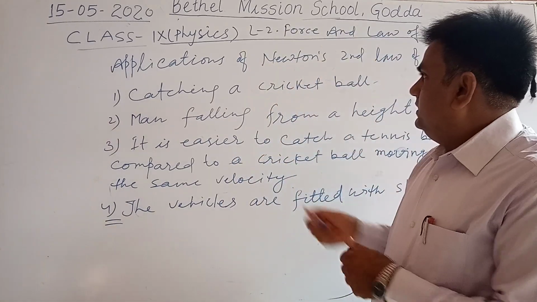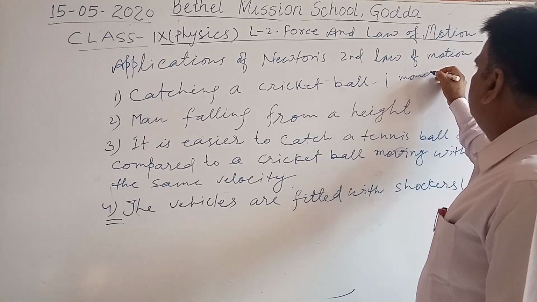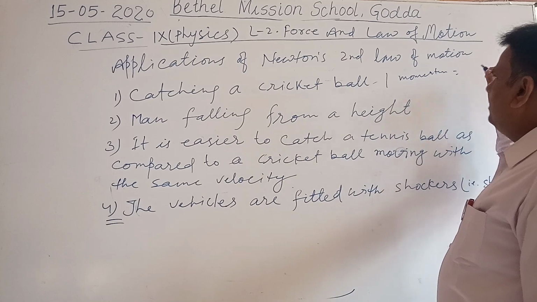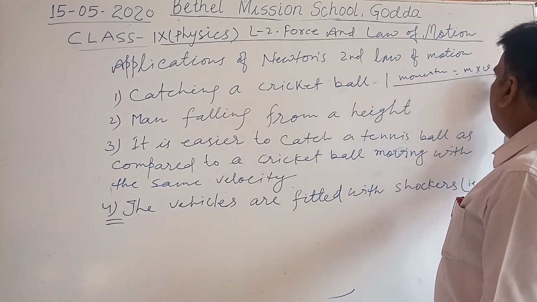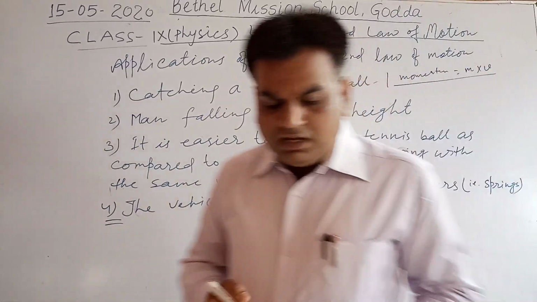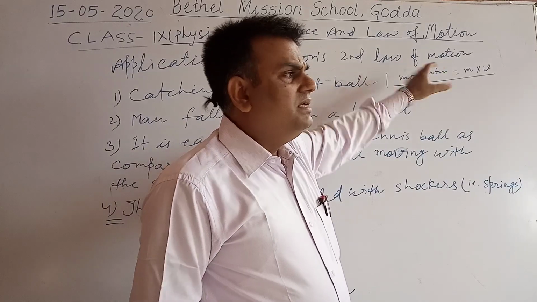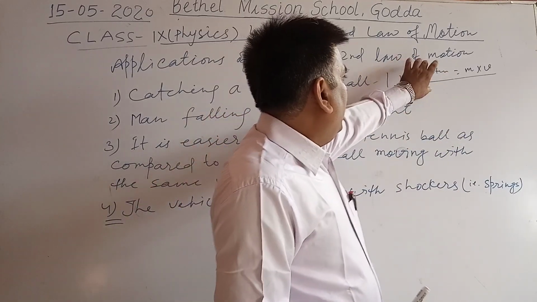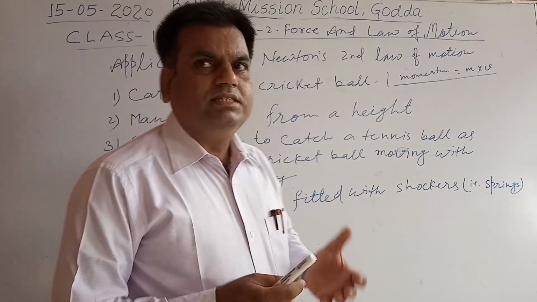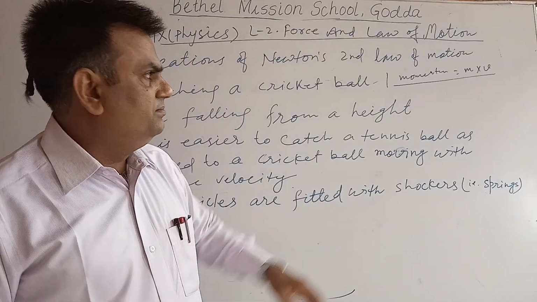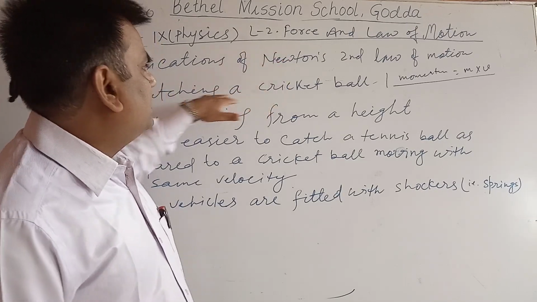Because, as you know, the momentum of an object depends upon two quantities, mass and velocity. So the player reduces the momentum gradually, so that the player doesn't hurt their hand. So the first application is catching a cricket ball.